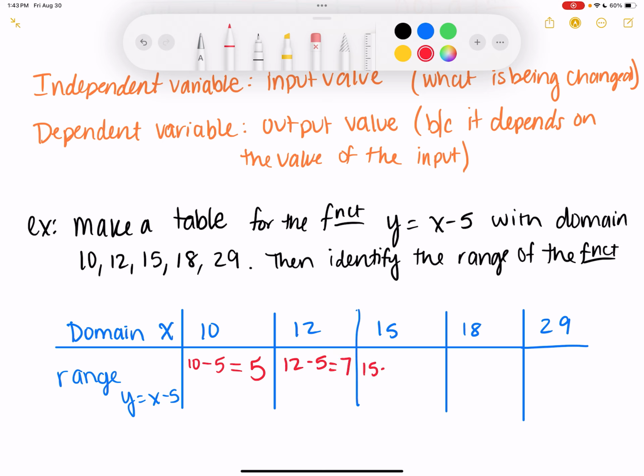Then 15 minus 5, 10. 18 minus 5, 13, and 29 minus 5 is 24. So those values are my range values. On the actual work, do we have to write down like 10 minus 5? Yes. Whatever number. Show your work, because I need to know how you got there.